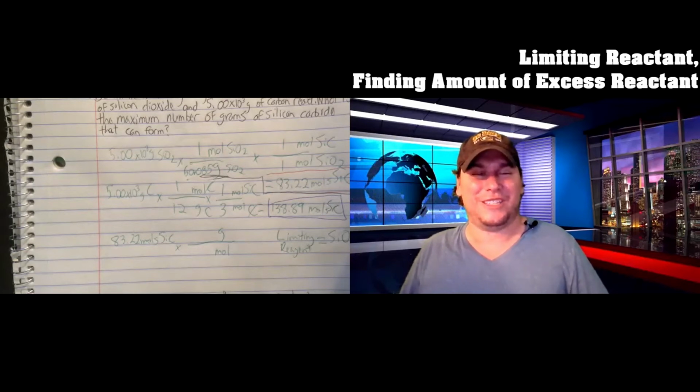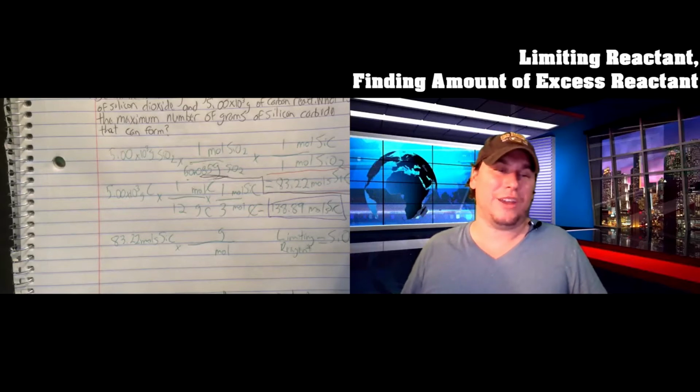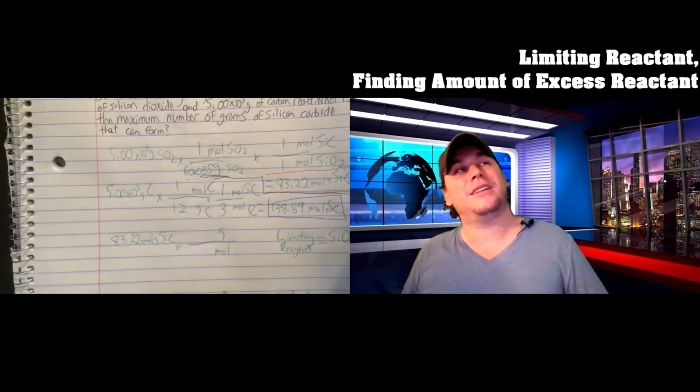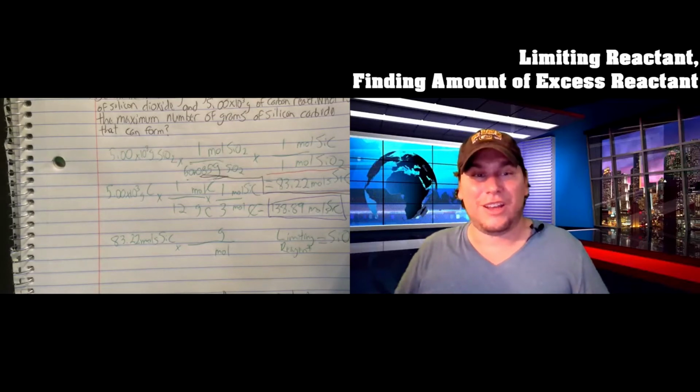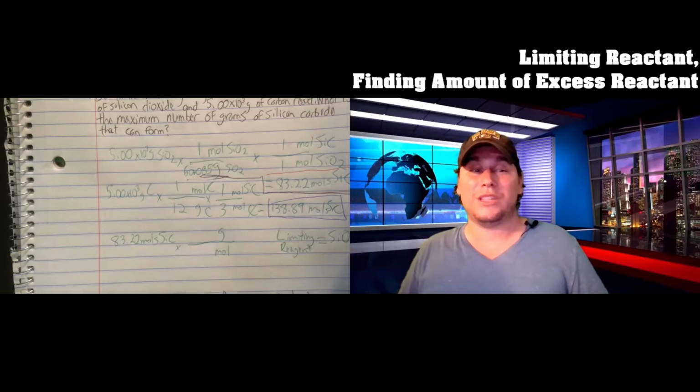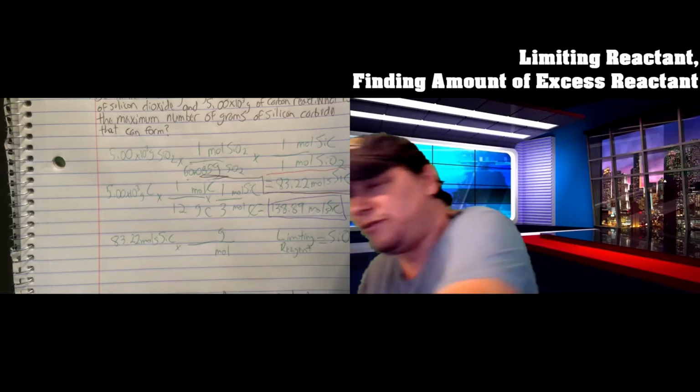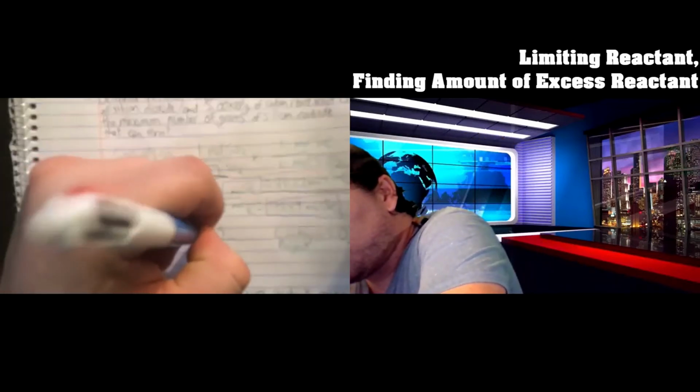So if silicon is 20.085 grams per mole and carbon is 12, just add those together. I think I can do that in my head. Or actually, sorry, silicon is 28.085 grams per mole. So that plus 12 will be 40. My apologies.